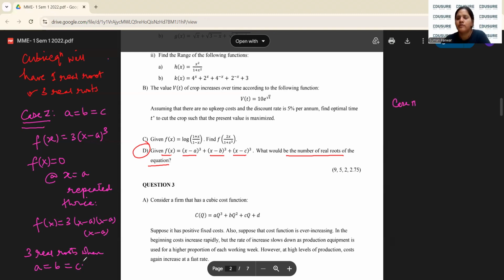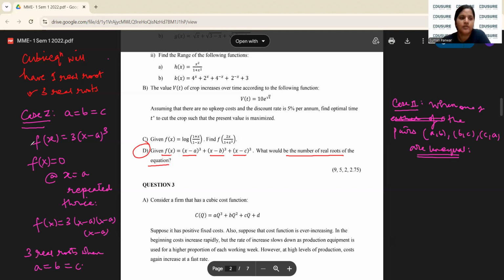Case 2, when either of, or we can say when one of the pairs (a, b) or (b, c) or (c, a) are unequal.